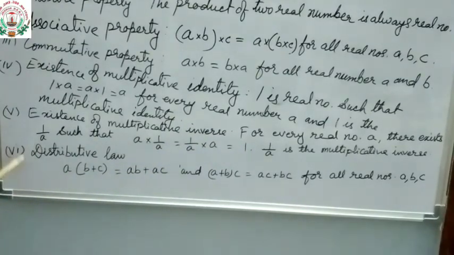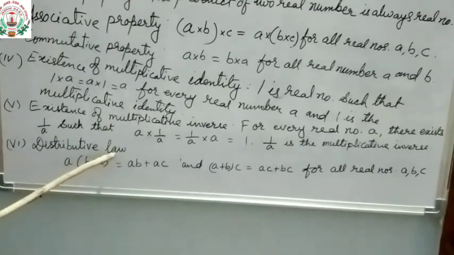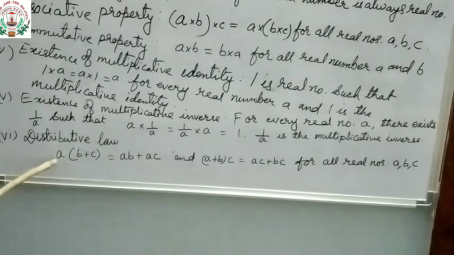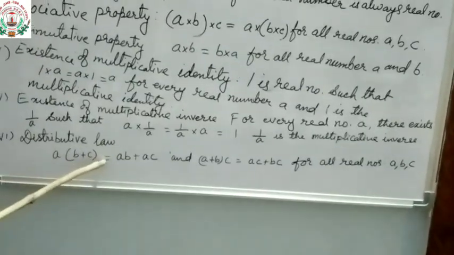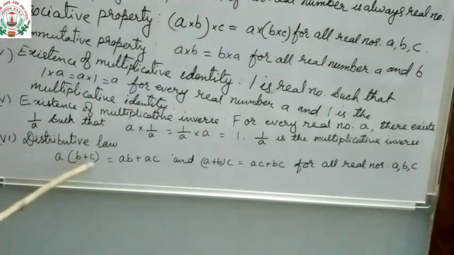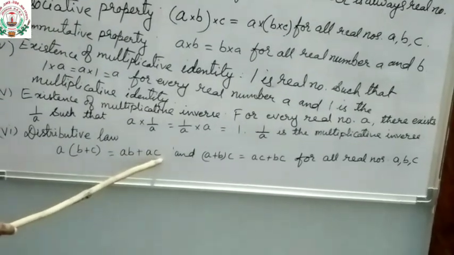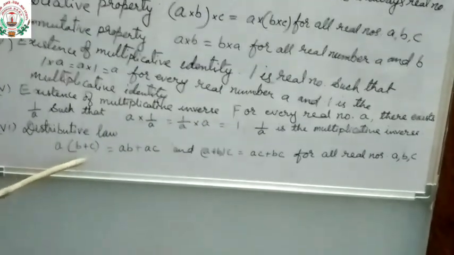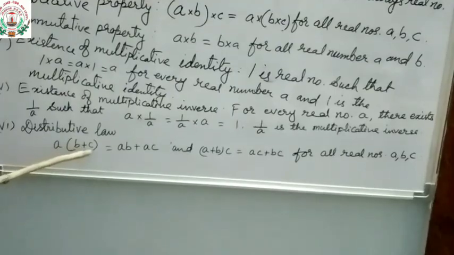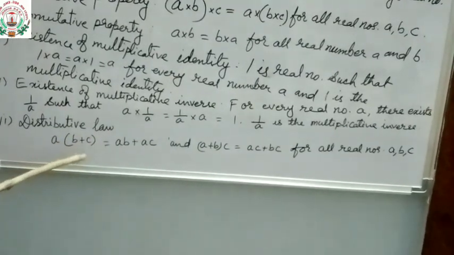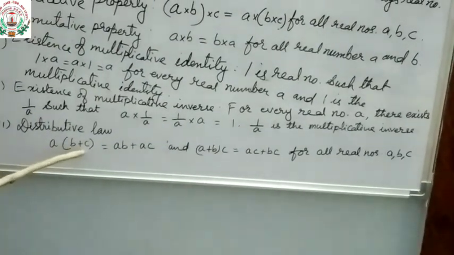Clear, children? Now the last one is the distributive law. Distributive law means what? A into within bracket B plus C equals, open the bracket and multiply: A into B plus A into C. So here LHS will be equal to RHS. Any three rational numbers you take, A, B and C. You may take 1 upon 2, 1 upon 3, 1 upon 4.